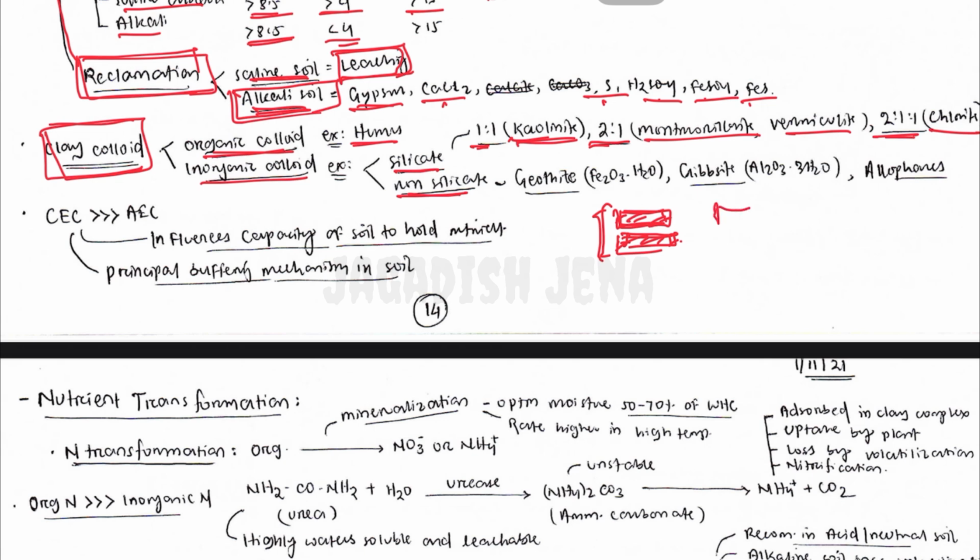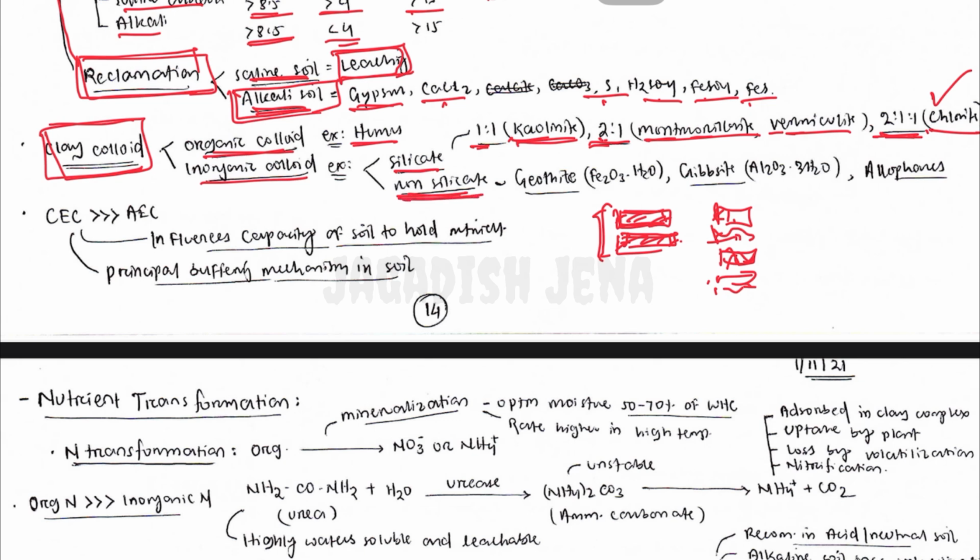When two silicate layers are followed by one aluminum octahedral layer, and then again two silicate layers, that is a 2:1 type clay mineral, that is montmorillonite, vermiculite. Then 2:1:1 means it is impregnated with other layers, and the example is chlorite.